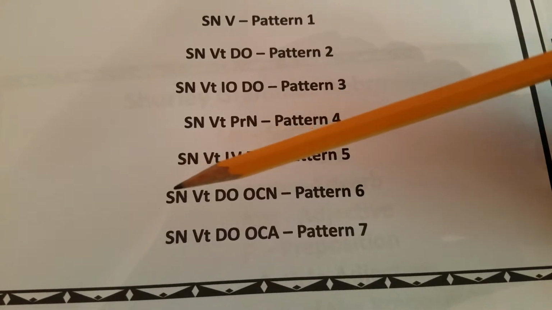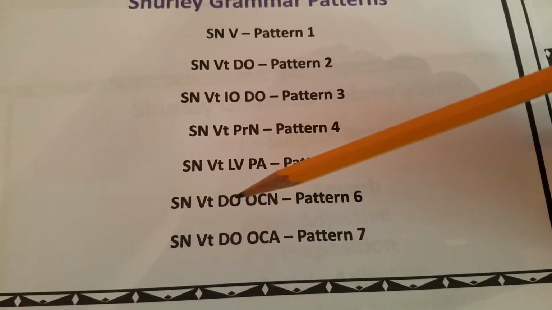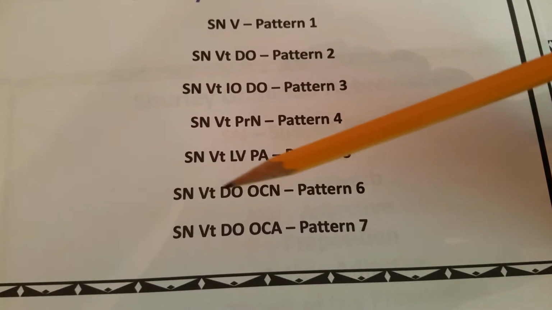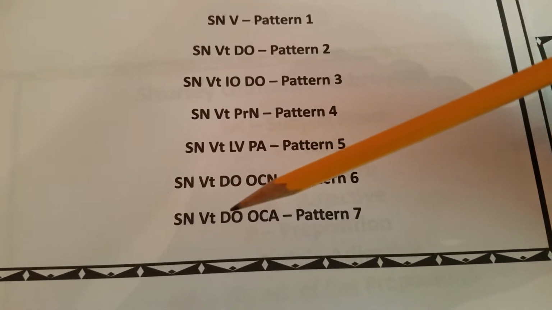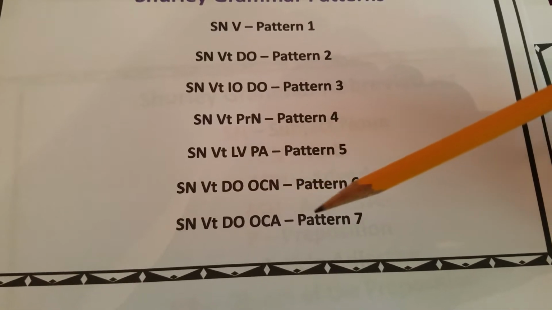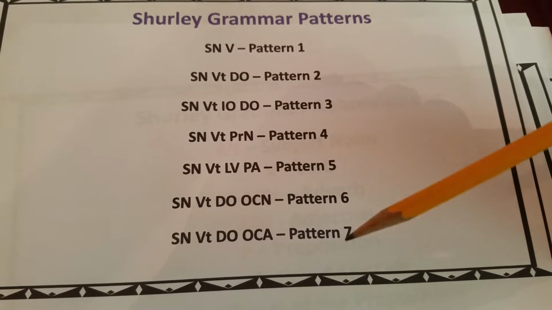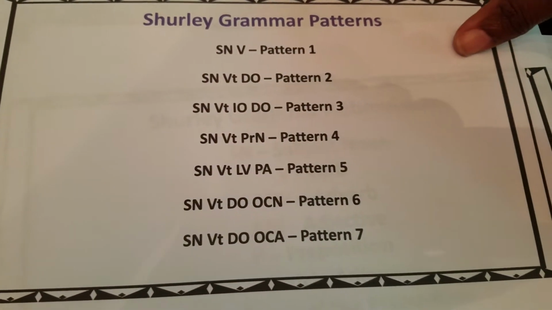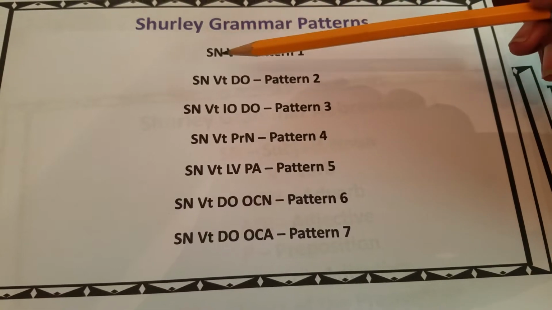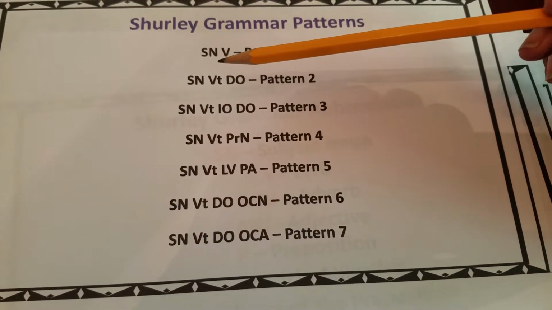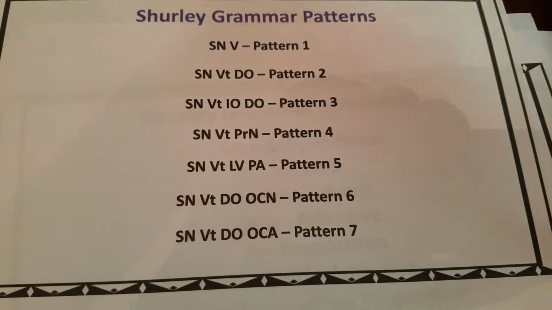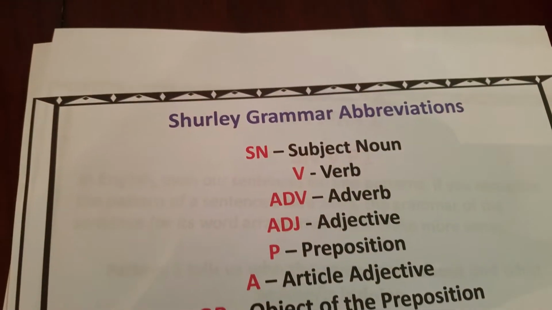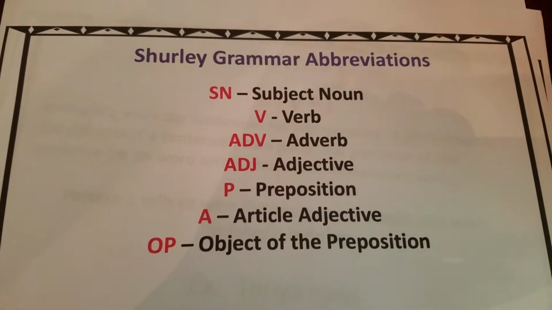Pattern 6, subject, noun, verb, transitive, direct object, object, complement, noun. And then pattern 7 is subject, noun, verb, transitive, direct object, object, complement, adjective. So within the 7 levels, your child will learn how to identify all of these sentences. Just notice each pattern begins with subject, noun, verb, because those are the core parts to every sentence that we will be learning throughout the school year or for every year.